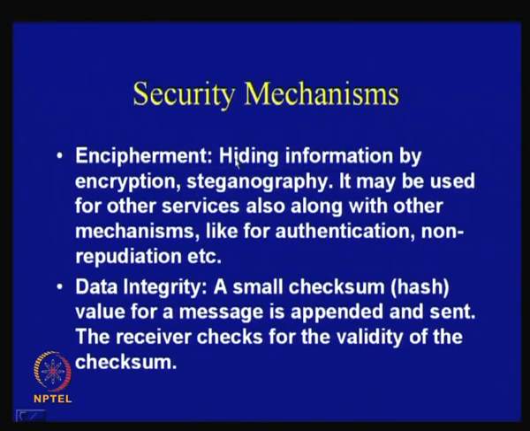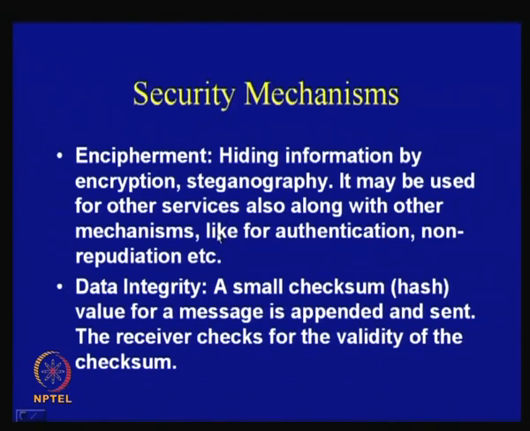First comes the topic of encipherment. This is one of the significant portions of this particular course. We shall be considering the mechanisms of doing encipherment. Encipherment broadly means hiding information by encryption or by something we call steganography. Steganography is a different thing, and what we will essentially be studying in this course is cryptography, but I will give you a hint of what is meant by steganography.